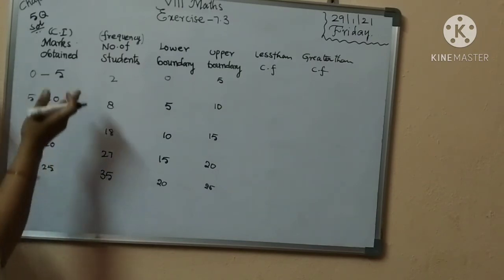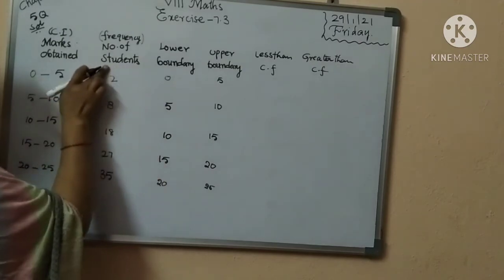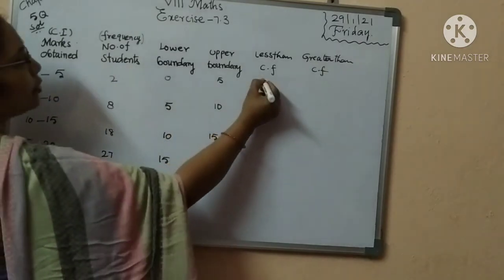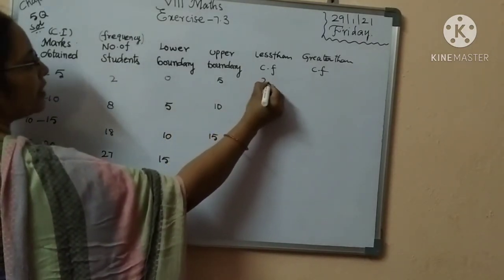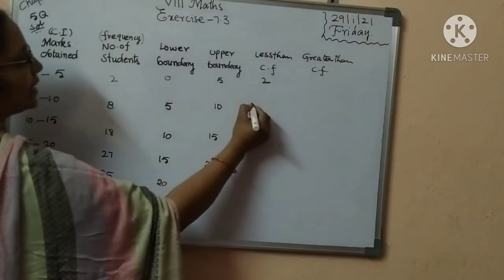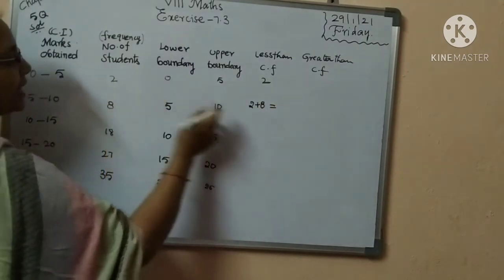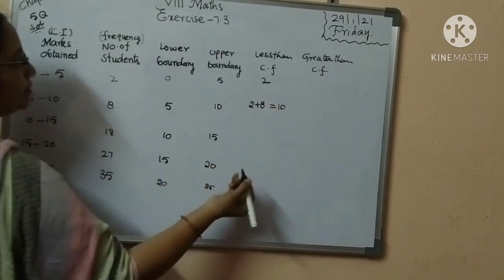Okay children, let us start with the less than cumulative frequency. Is there any number before? No. Then we take the 2. Next, adding 2 plus 8, how much? 10. Okay children.